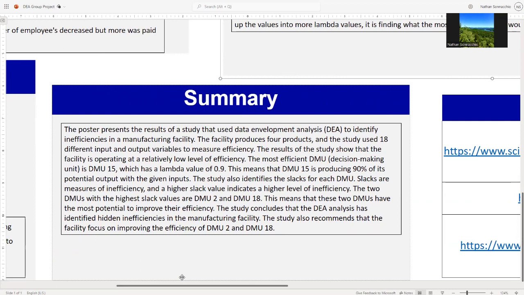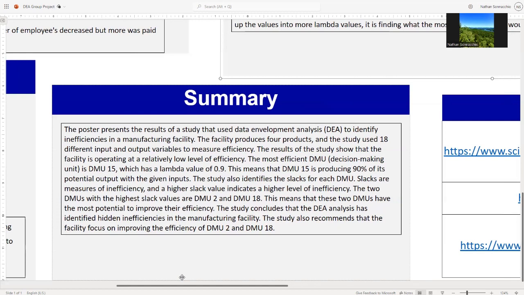The results of the study show that the facility is operating at a relatively low level of efficiency. The most efficient DMU is 15, which had a lambda value of 0.9. This means that DMU 15 is producing 90% of its potential output with the given inputs.